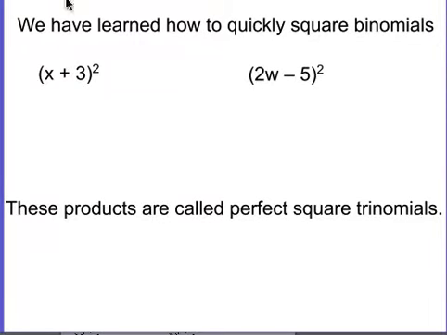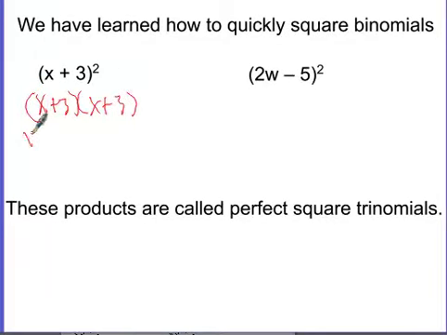Back, I think it was in lesson 8.4, we learned some shortcuts so we don't have to FOIL this out and then simplify the middle terms. When we had a perfect square like this, a binomial that is being squared, we learned a shortcut. Actually, let's FOIL this one to see how the shortcut works. If we FOIL this, it would be x plus 3 times x plus 3, right?